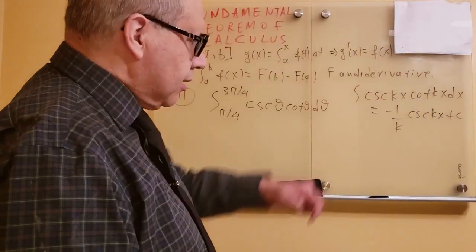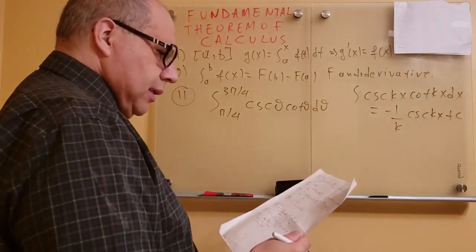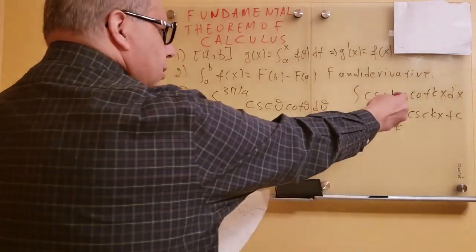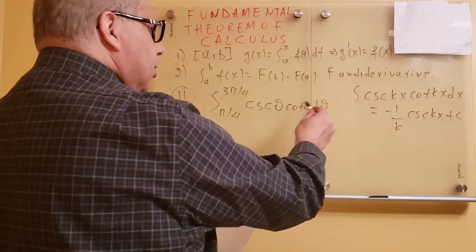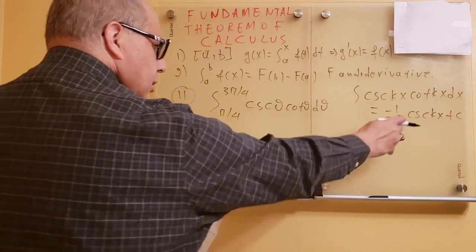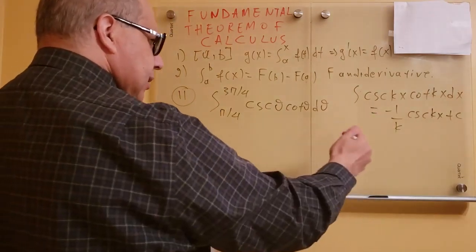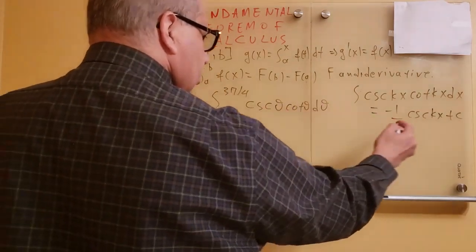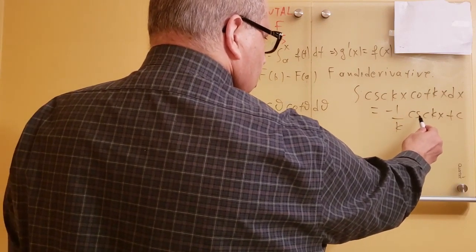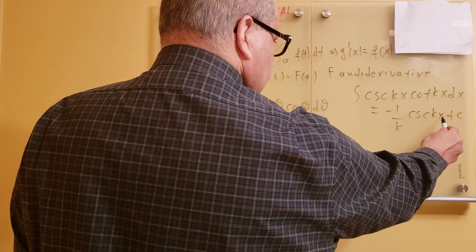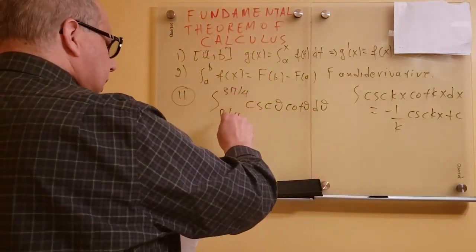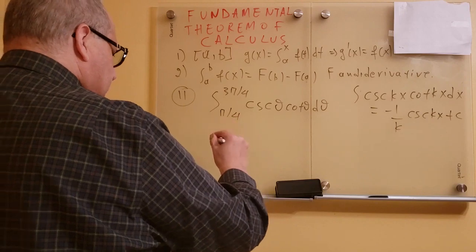This is because we're talking about the antiderivative. If you compare this formula, your k is 1, so the antiderivative here is minus 1 over 1 cosecant of theta. You have to evaluate that at 3 pi over 4 and at pi over 4.